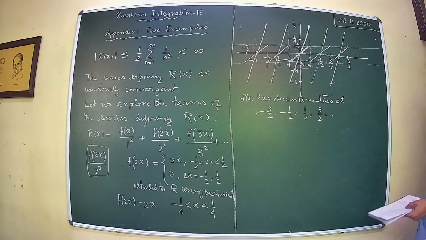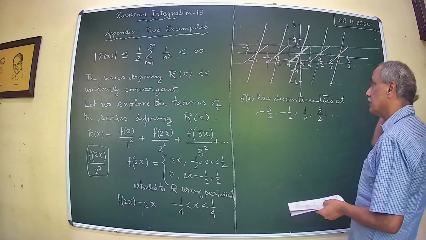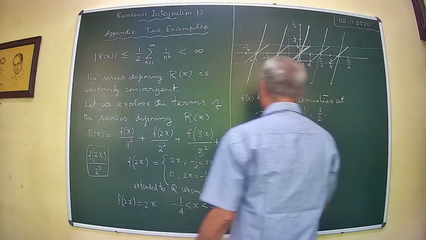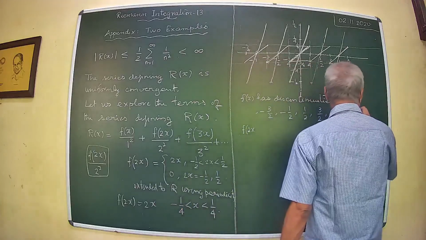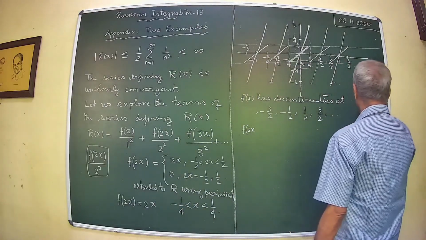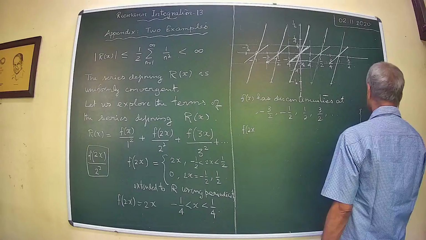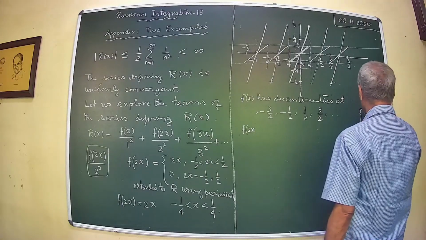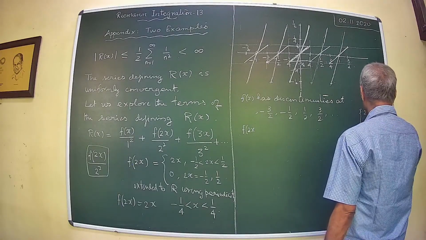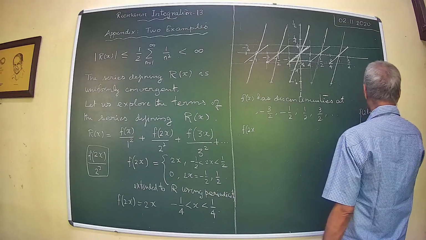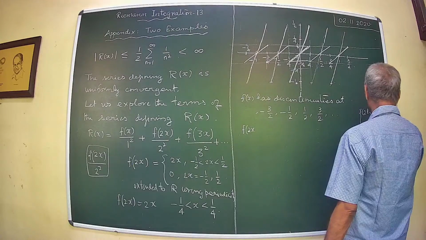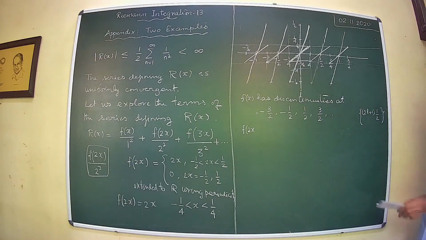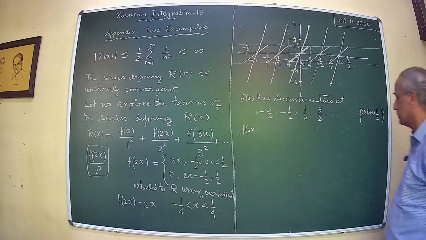Now what are the points of discontinuity for f? This can be written as the set of points (2l plus 1) by 2. These are the points where we have discontinuities.